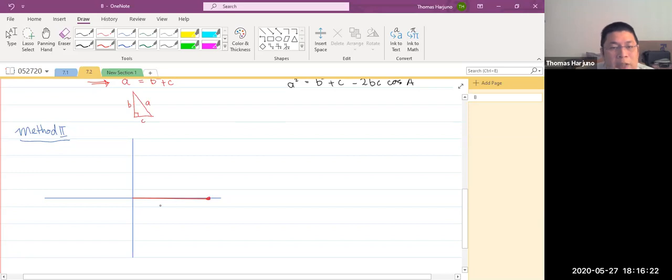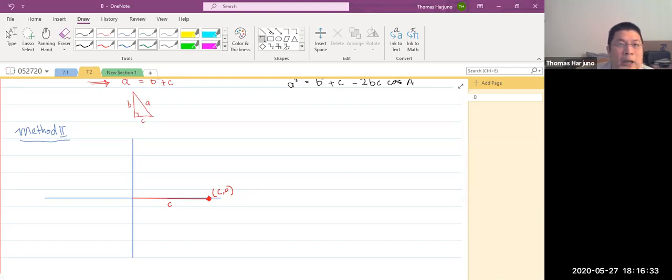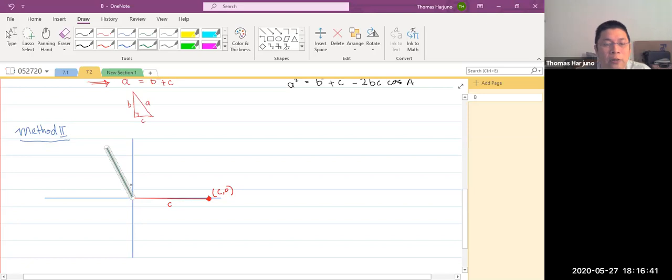Let's say the length here is c, so the coordinate here will be (c, 0). And then another side is, let's say here, it doesn't have to be obtuse, but I'm just making it obtuse. Let's say this is angle alpha, this is vertex A, and the length here is b.